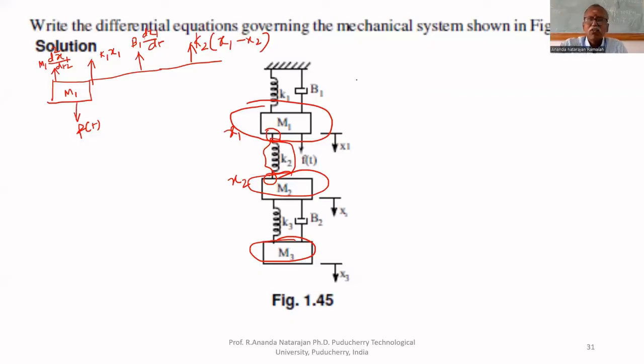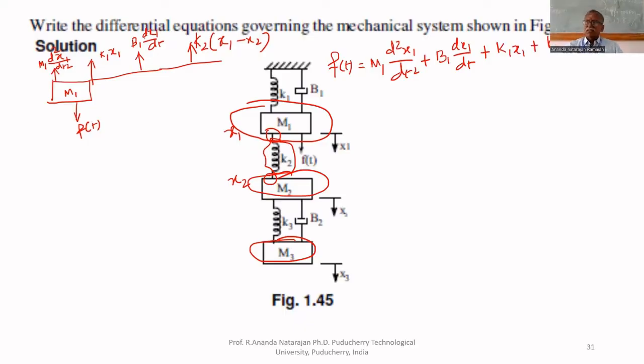That's all. Therefore, the first mathematical equation for the mass m1 is f of t, the applied force, equal to m1 d square x1 by dt square plus b1 dx1 by dt plus k1 x1 plus k2 times x1 minus x2.